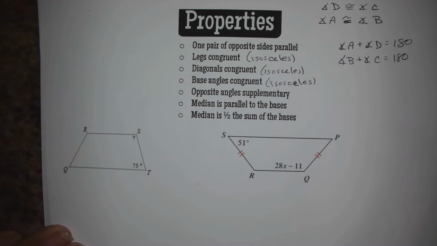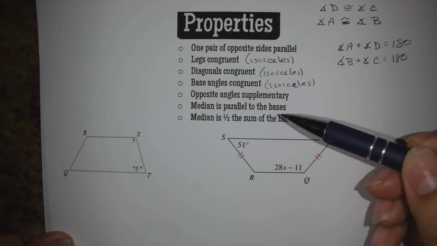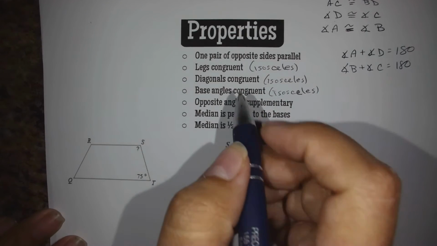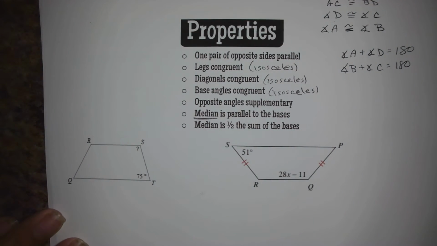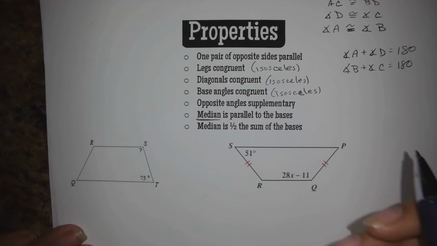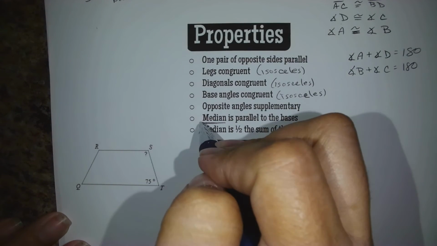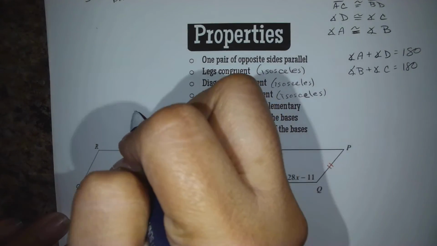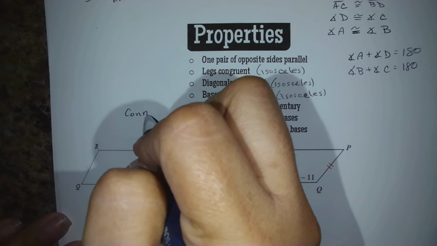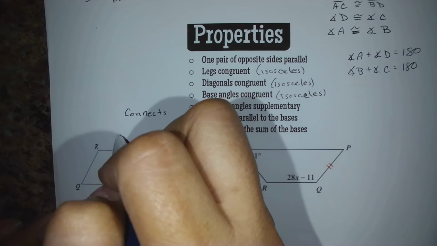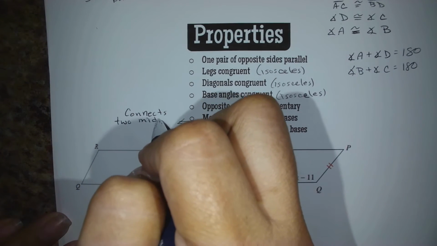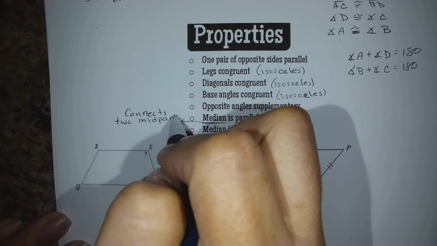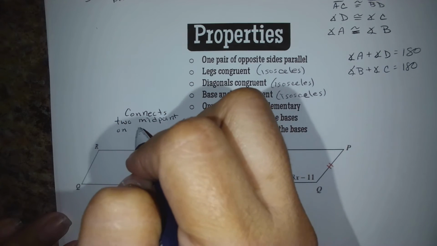So let's take a look at some of these. We already did this. The median. This word. We've seen it before. We've seen it in triangles. You remember, a median connects two midpoints on the legs.